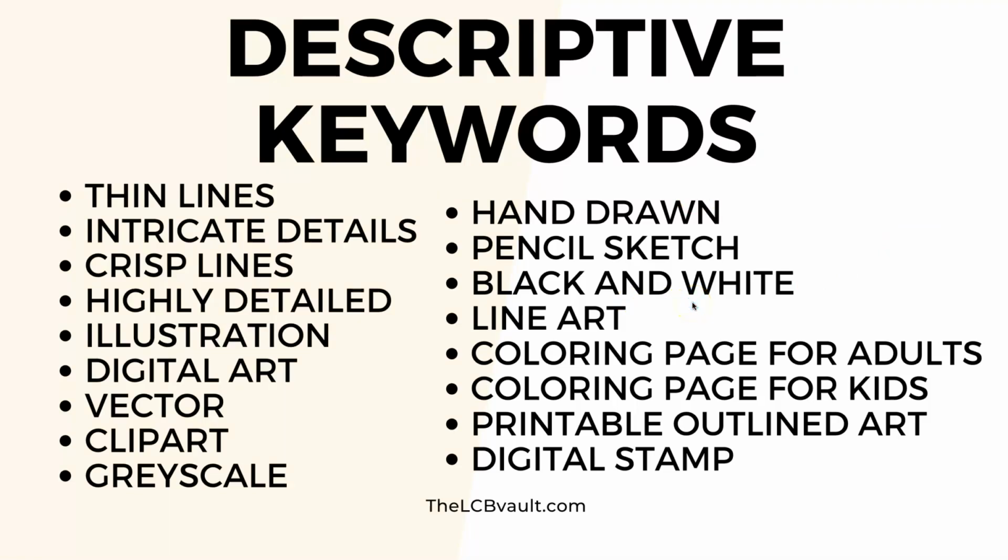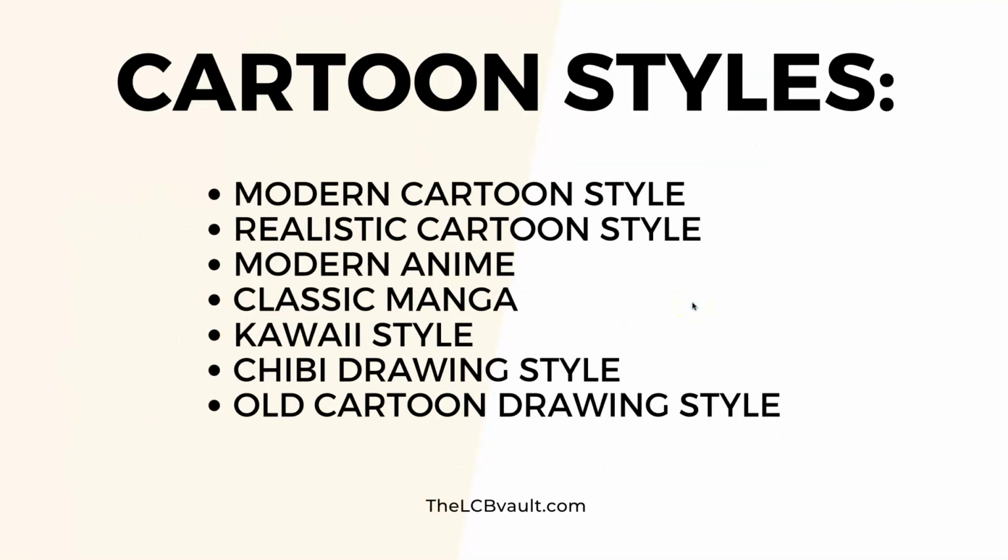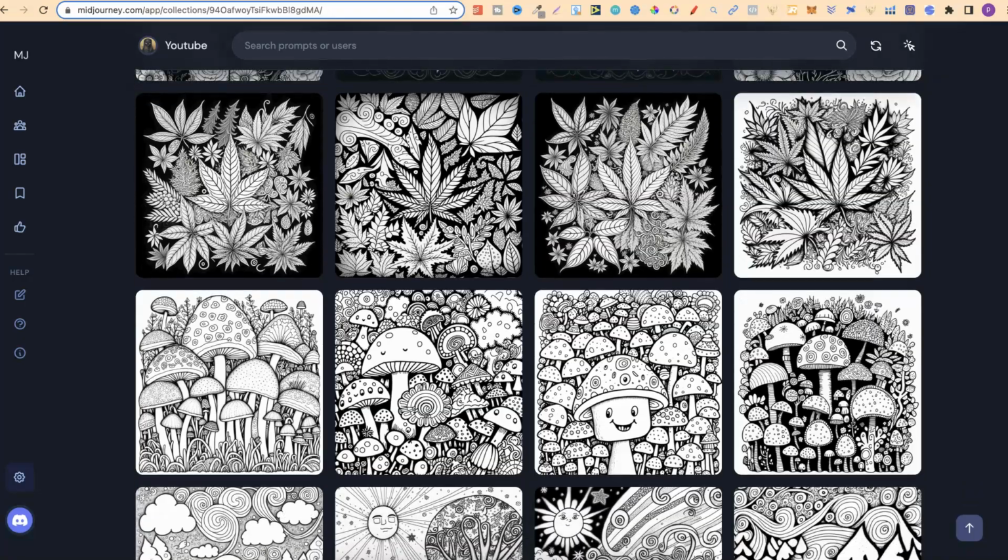So again, try these different keywords along with these different drawing styles or cartoon styles, and you can make some really nice colouring pages, as you can see just here.